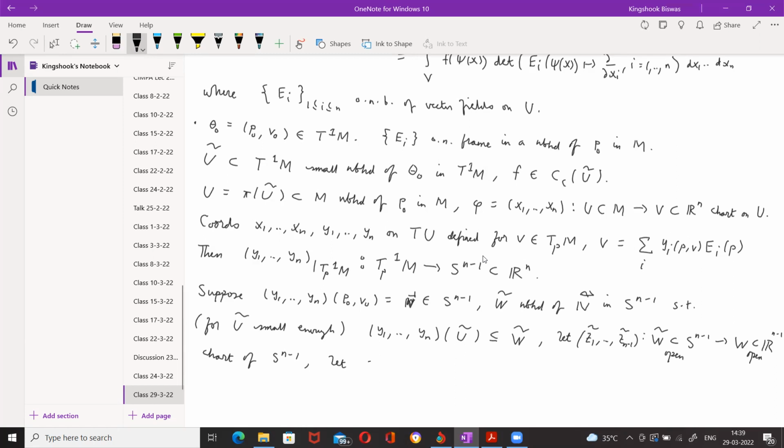And I let (z1, ..., z(n-1)) equal (z1 tilde, ..., z(n-1) tilde) composed with (y1, ..., yn). So this will map U tilde to W in R^(n-1).